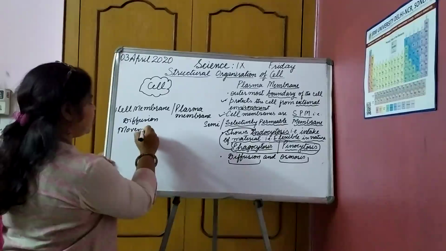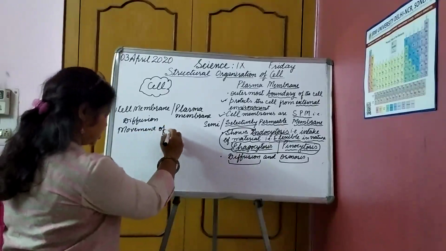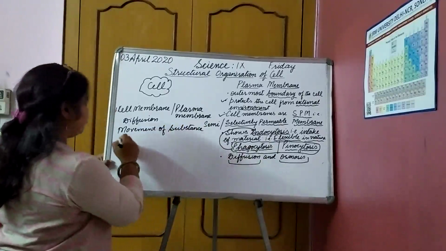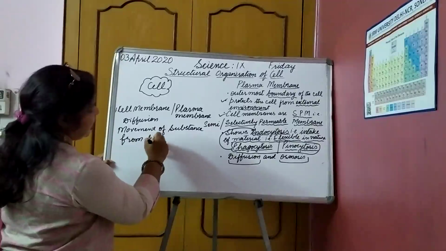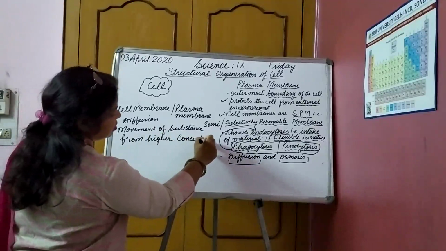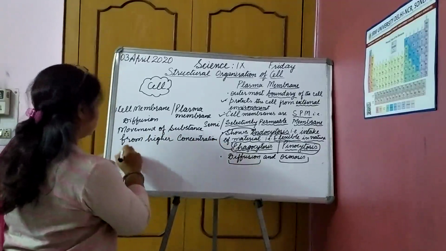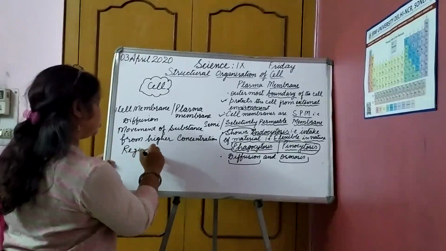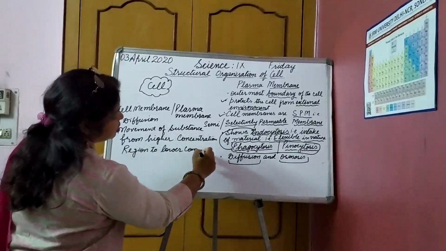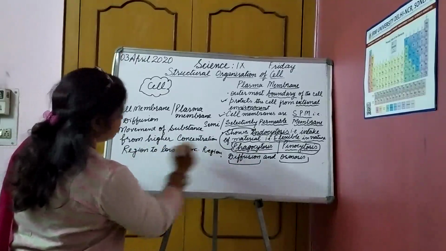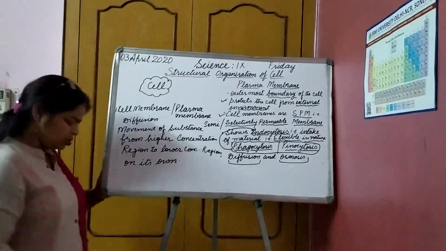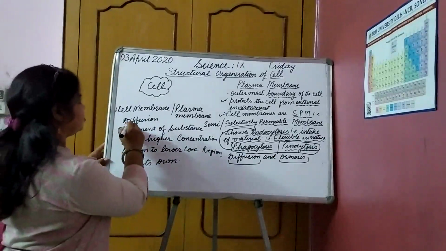Diffusion is movement of substance from higher concentration region to lower concentration region on its own. This is called diffusion.